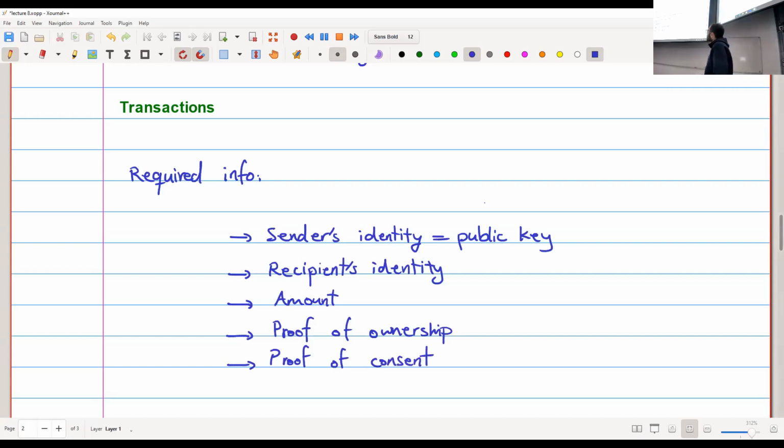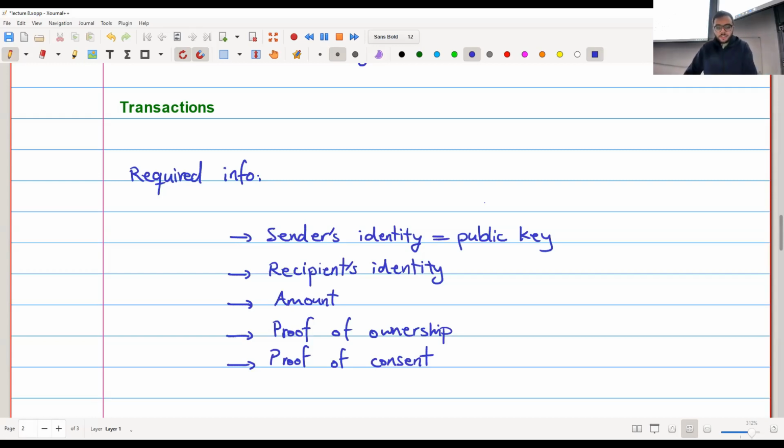Meaning that I have to somehow be sure that the transaction that I'm seeing was actually created by the sender, because maybe someone else is just trying to use the sender's money. Okay, so I need to somehow create a concept of transaction that has all of this information in it.